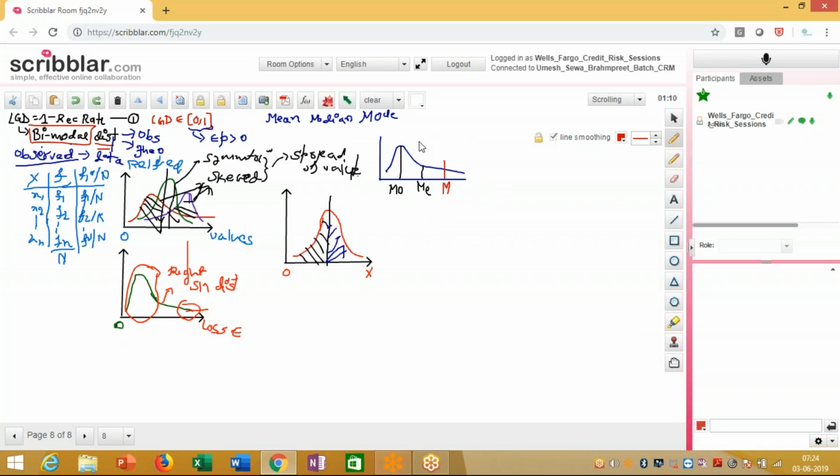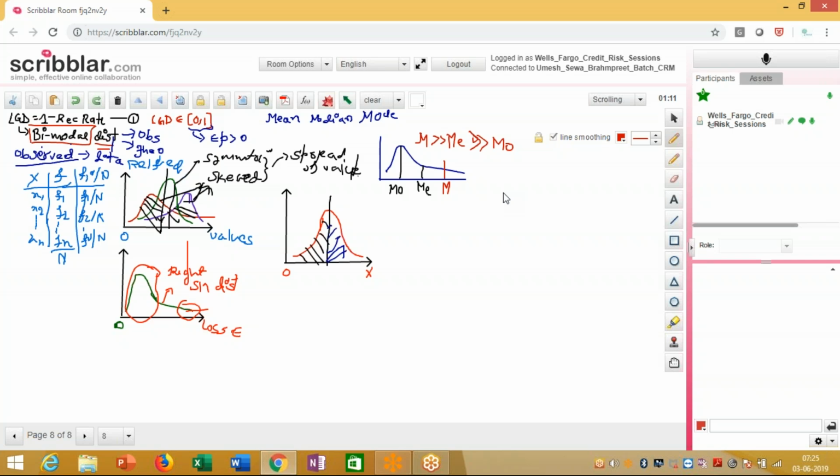And hence, for this kind of distribution, the mean is strictly greater than the median, and the median is greater than or equal to the mode.